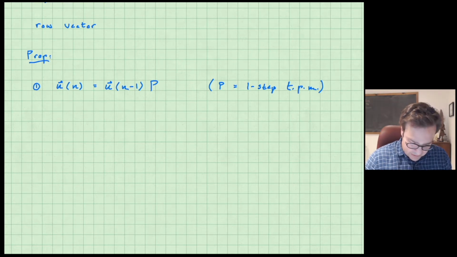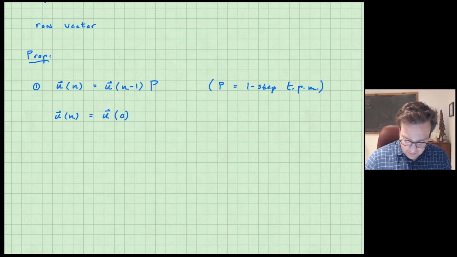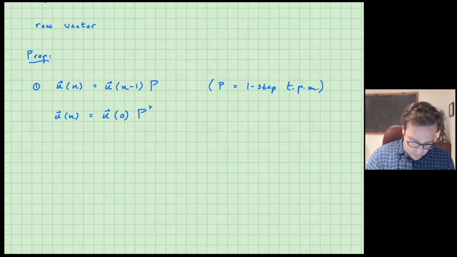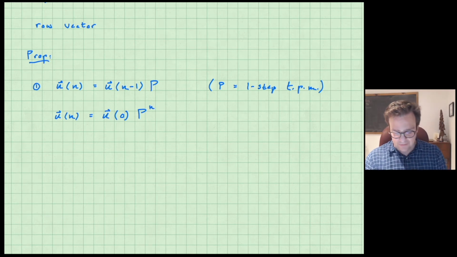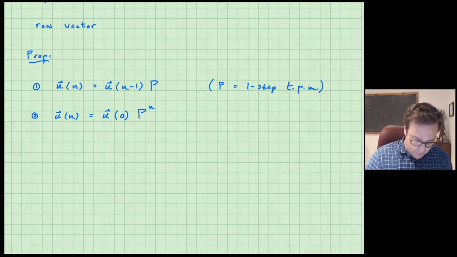It's to say that this vector at time n is equal to the vector at time 0 multiplied by the one-step transition probability matrix n different times, right? So I think it should be clear that number 2 follows from number 1. But okay, so let's do our proof.